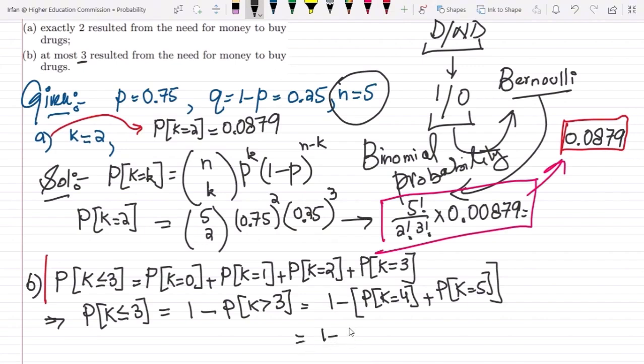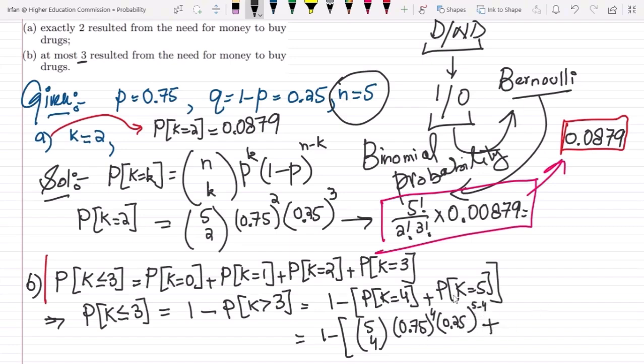So 1 minus this one is here, and for k equal to 4, I will have here 5 choose 4. Okay, and the probabilities will remain the same. It will be 0.75 for p, and here it will be 4, and also 0.25, which is 1 minus 0.75, it will be 5 minus 4, which is basically 1.